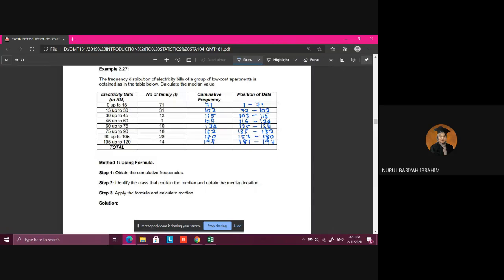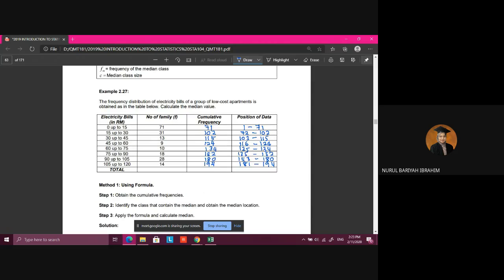Then we need to identify which class the median is located in. How do we know? We need the position of the median. It is just n over 2, 194 over 2.